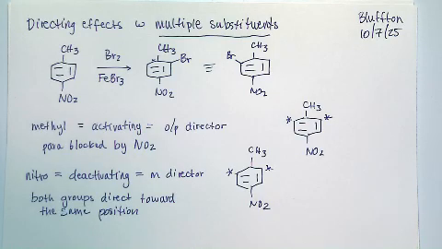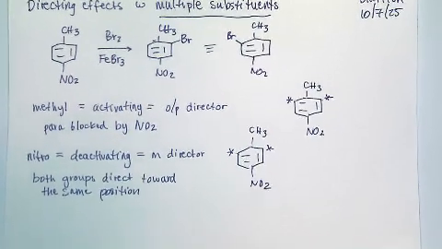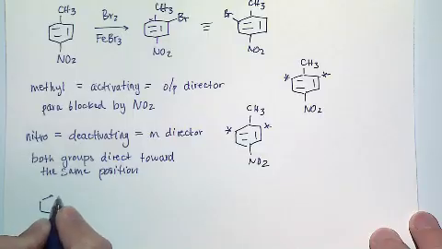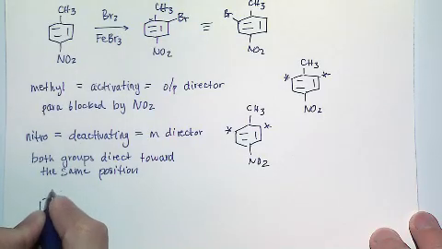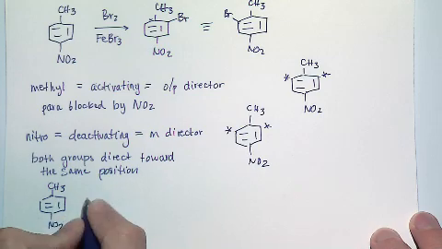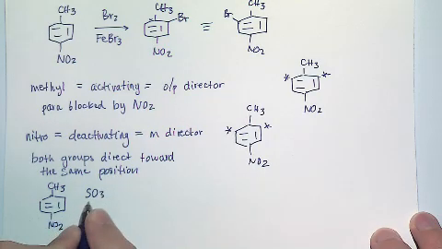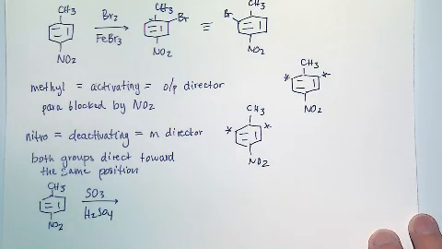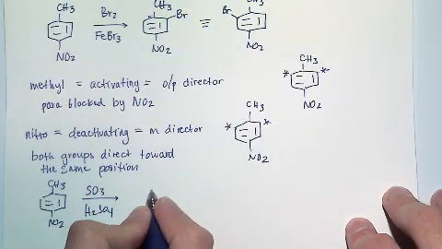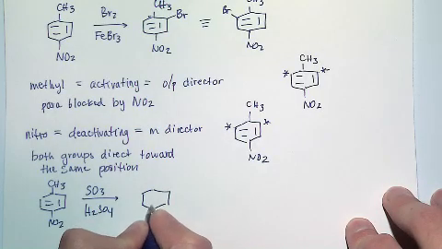So if we took the same molecule and instead applied sulfonation conditions, obviously the group that we put on is going to change, but the position that it gets installed at is going to remain the same.